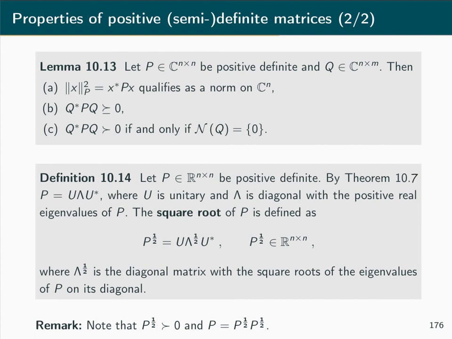Note that if P is positive definite, then also P to the 1/2 will be positive definite, and if P is positive semi-definite, then also P to the 1/2 will be positive semi-definite. The concept of the square root of a matrix will be revisited on exercise sheet number 11.